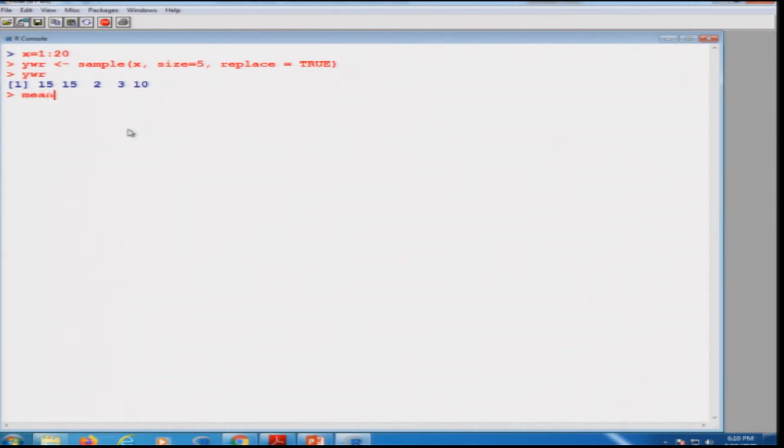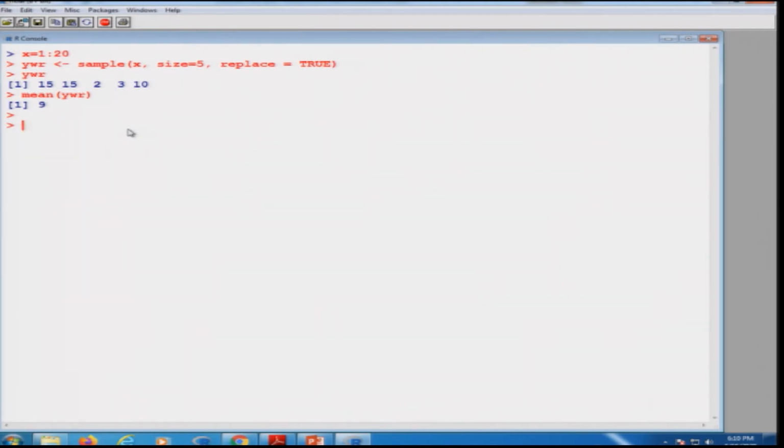Now if you try to find its mean, it will be mean of YWR. This is straightforward, this comes out to be 9. If you want to find the standard error of the sample mean, it is variance of YWR divided by n.